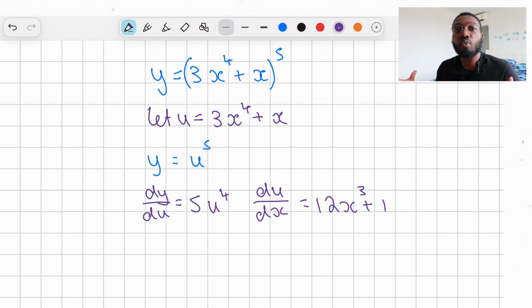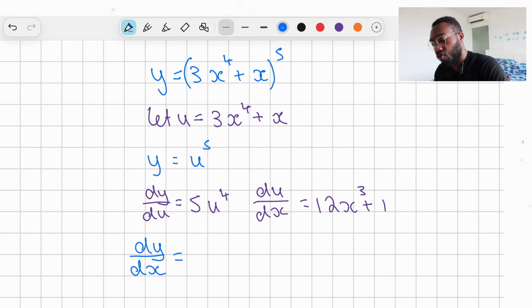But in our original question, we want to differentiate y with respect to x. So really what we want is something in the form of dy over dx. But at the moment, we only have dy over du and du over dx.